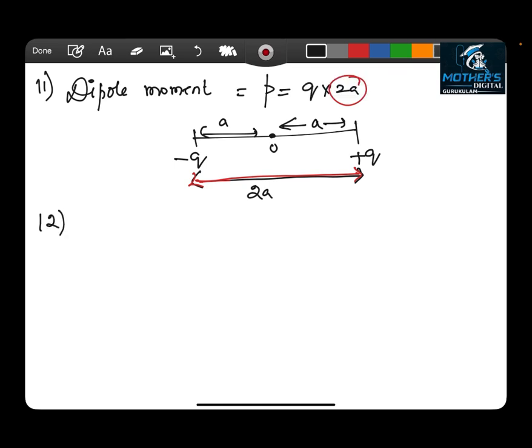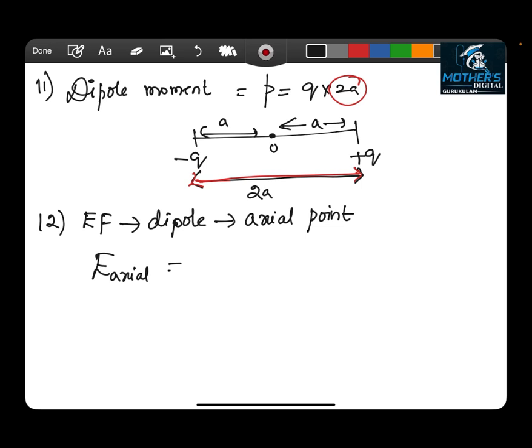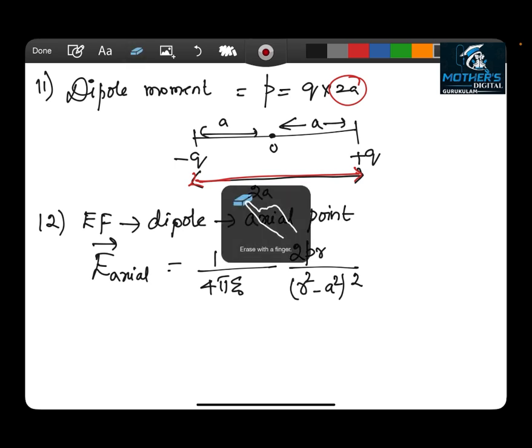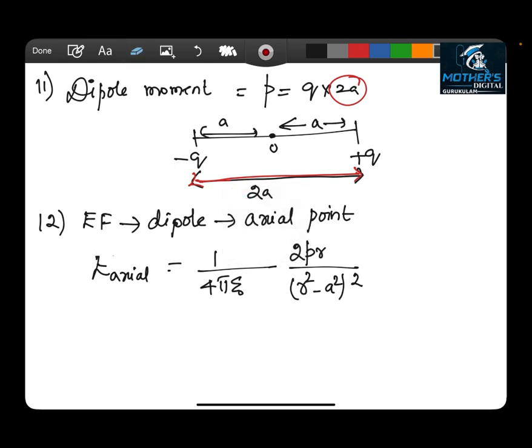Next formula, electric field due to dipole along the axial point is given as E axial equal to 1 by 4 pi epsilon naught 2 PR by R square minus A square the whole square. If you put a vector here, you have to put a P cap here. So many times in formulas, we'll go with the magnitude.